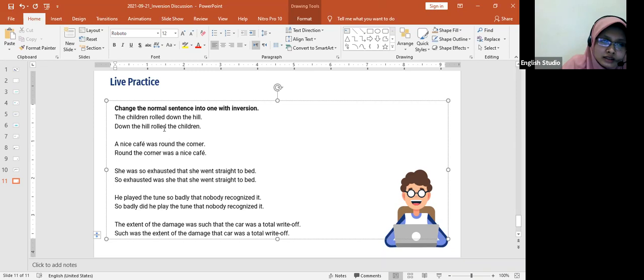Salah satu yang mudah ya setelah yang ini. Okay, do you have any question guys before we end this class? I hope by learning this pattern or grammatical structures, after having this class, you can put inversion into practice, yeah, not only in speaking but also in writing class, yeah.